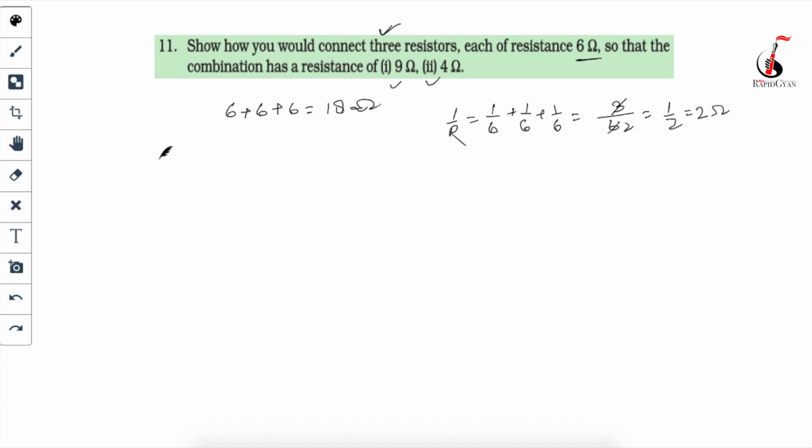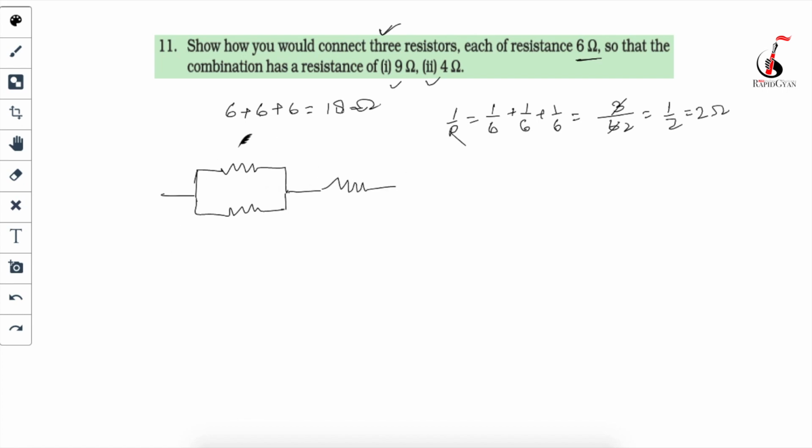So they are not all in parallel or all in series. Maybe two of the resistors are in parallel and one in series, or in the other case, 2 in series and 1 in parallel. I will draw those cases. Let's draw the first case: I will draw two resistors in parallel and one resistor in series here.